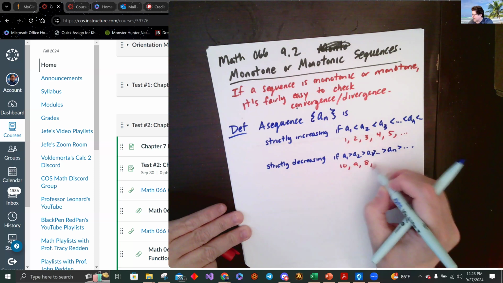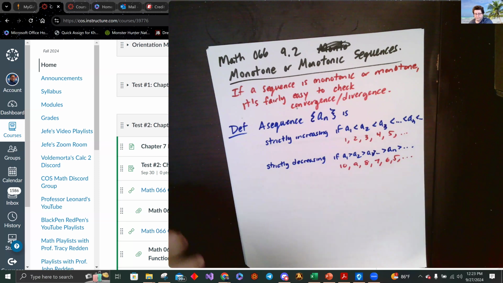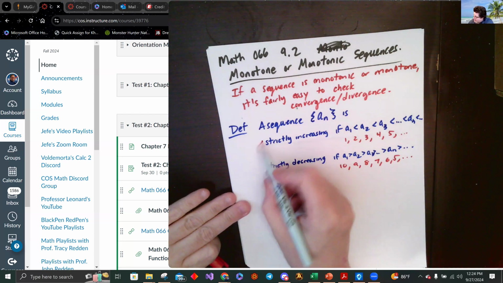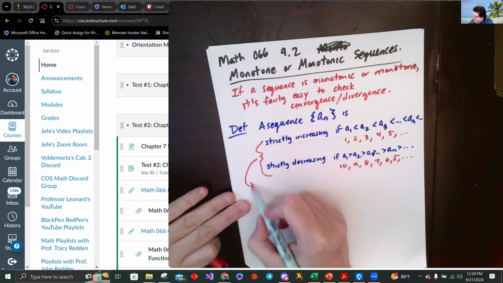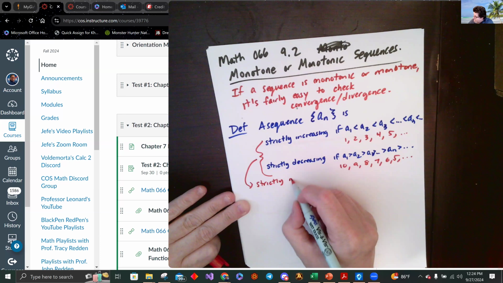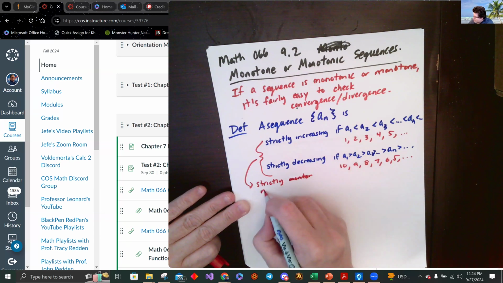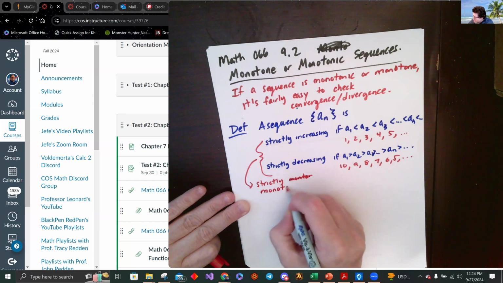You can see that this is always decreasing. And we call these two strictly monotone sequences. Or we say they are strictly monotone.